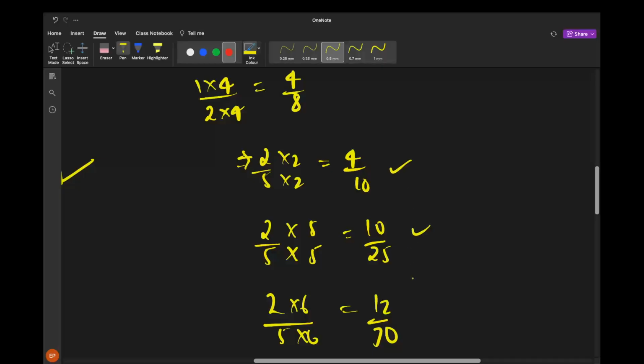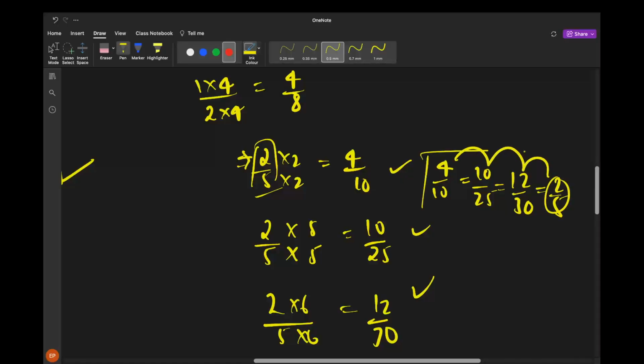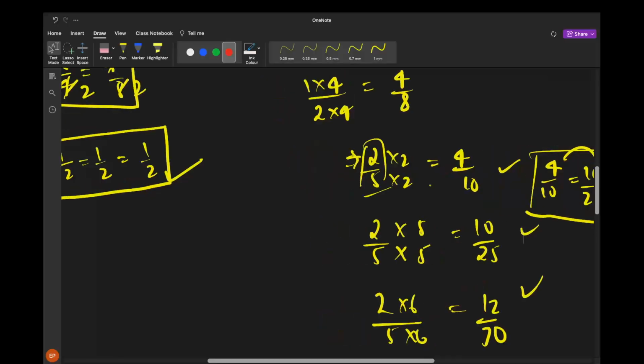So 4 by 10 is equal to 10 by 25, which is equal to 12 by 30, which is also equal to 2 by 5, because from this only we are generating these. These all four are equal.